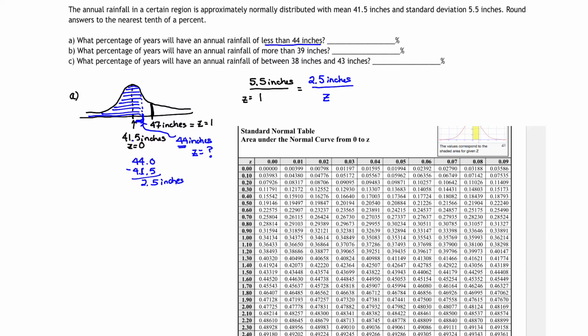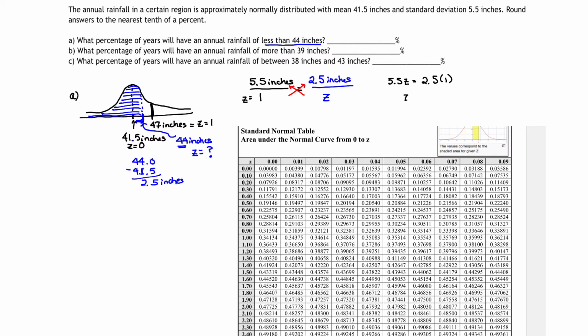I'm setting up a little proportion, and remember, from way back when we did problem solving, we can solve proportions by cross-multiplying and dividing. So if I cross-multiply, that gives me 5.5 times z equals 2.5 times 1.